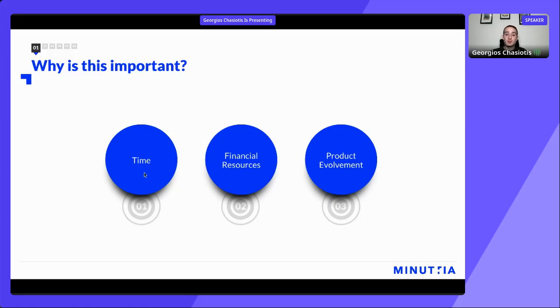So this is the first point that we have here: time. Wasting financial resources, which especially in the early stages of your company are extremely important to maintain. And last but not least, it will also cost you in product involvement, especially if you don't have a very clear focus as to where you want to get.